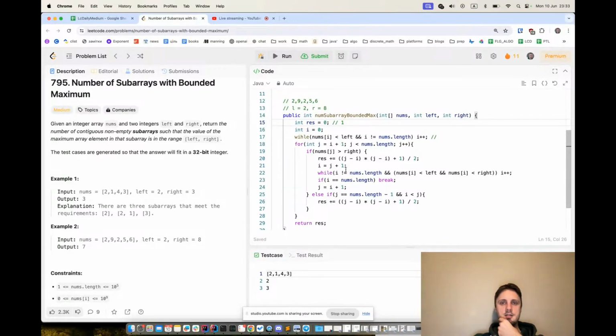Then i, in my case, would be 2. And here I check, yeah, it's not equal to length. And I check that nums[i] is less than left, and nums[i] is less than right. Yeah, so here it's false.